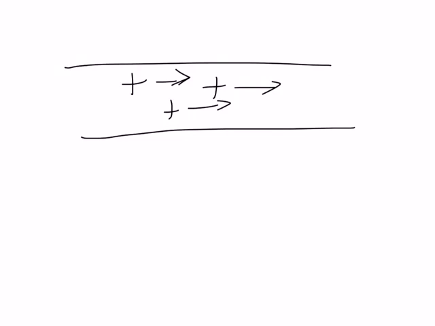Current in a wire is, if we imagine sitting beside the wire someplace and watching how many charges flow past an imaginary line across it every second. So we watch this charge go, and maybe this charge go, and this charge go. If we count all those charges, that would be the current.